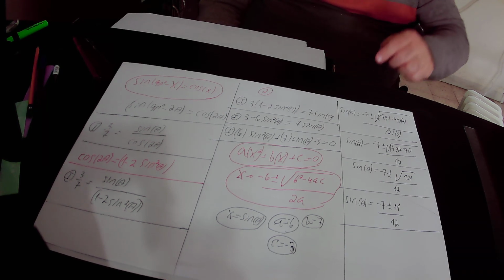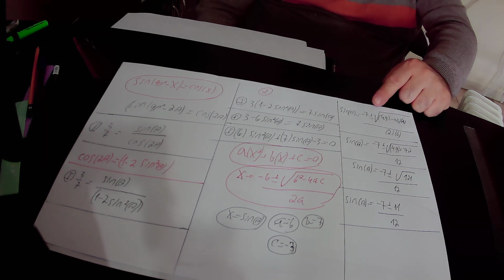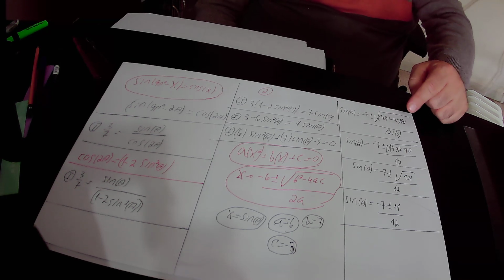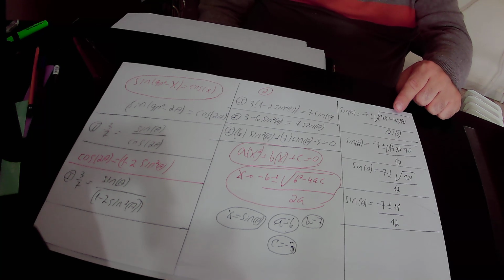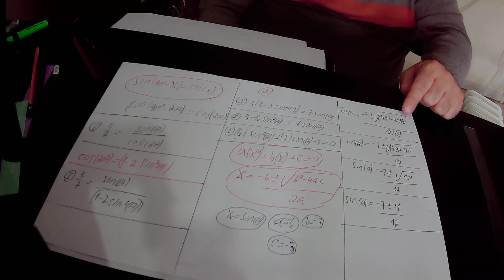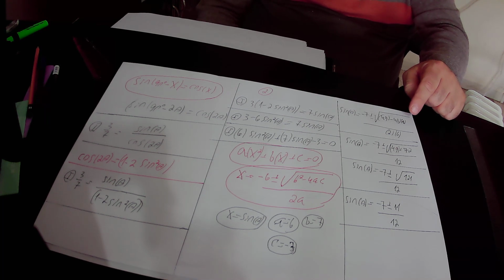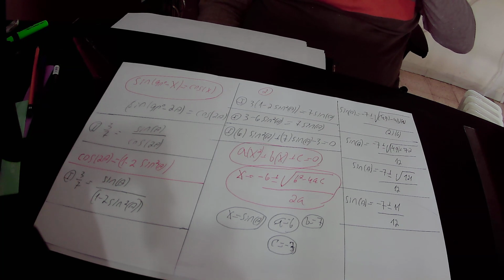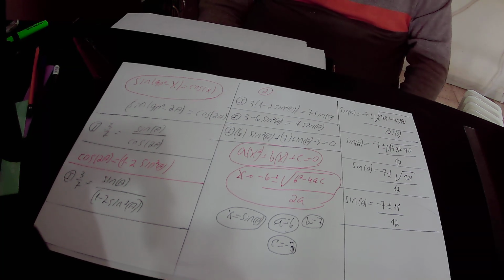So sine theta equals minus b, b is 7, so minus 7, plus or minus the square root of b squared. B is 7, so b squared is 49, minus 4 times a, which is 6, times c, which is minus 3. Minus 4 times 6 is minus 24, and minus 24 times minus 3 is 72.